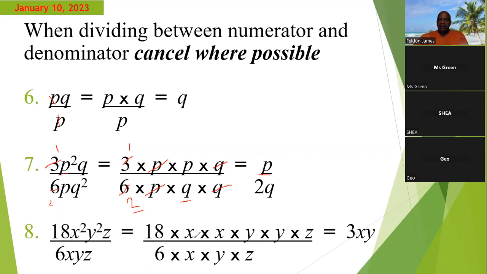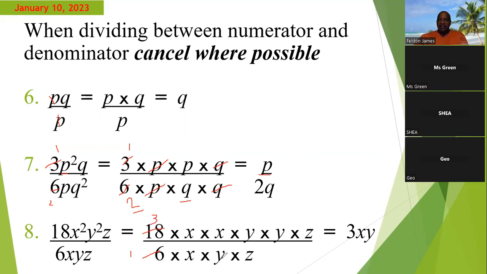It's the same thing that we did with this one. We have x squared, so you multiply x times x. We have y squared, so you multiply y times y. In the denominator, we have 6 times x times y times z. In canceling, for the numbers, 6 can go into itself 1, 6 can go into 18, 3.